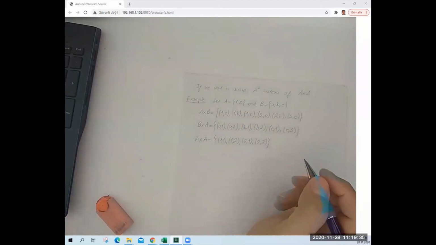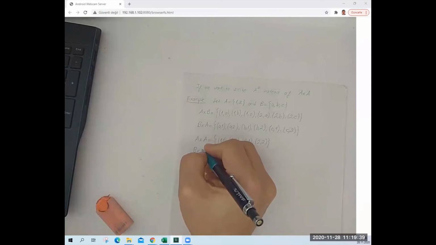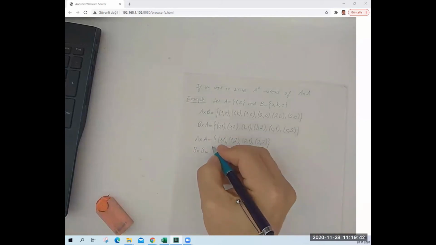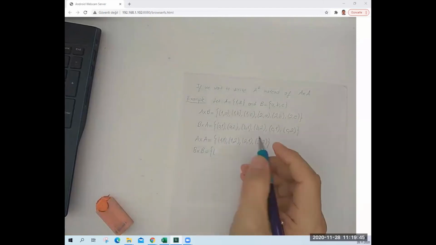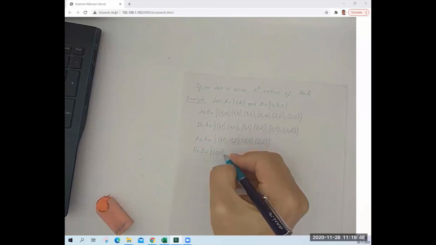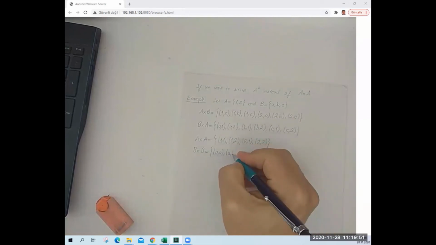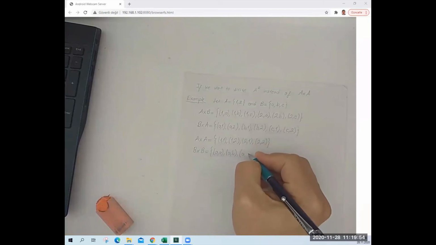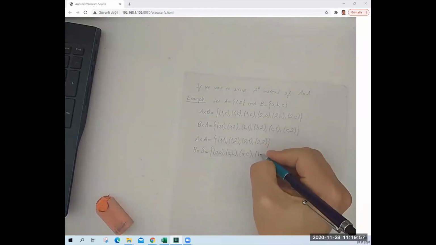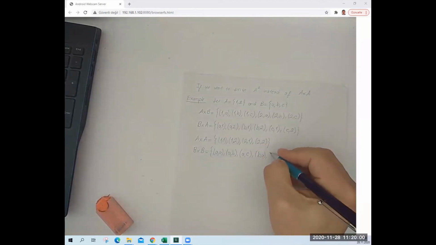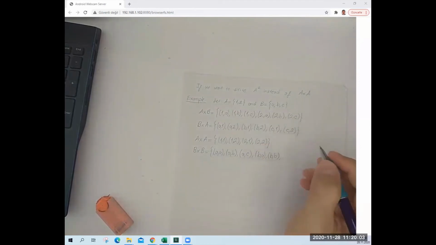If you want to write B cross B, I can write a to a as the first pair, a to b, a to c, then b to a, b to b, and b to c, and c to a, c to b, and the last one, c to c.